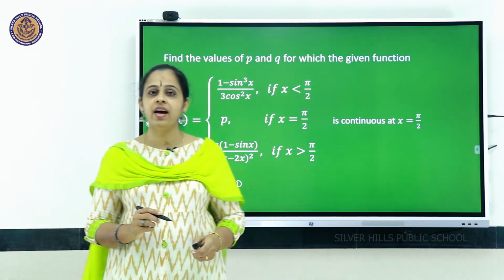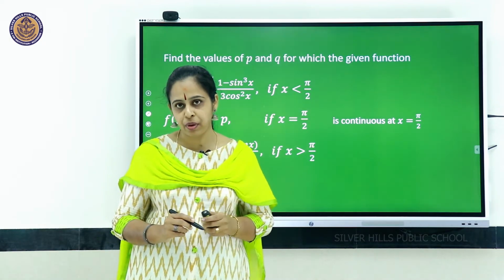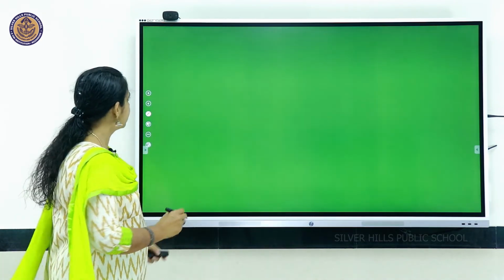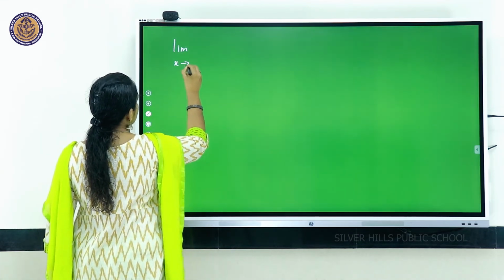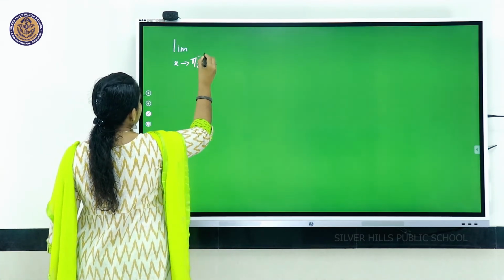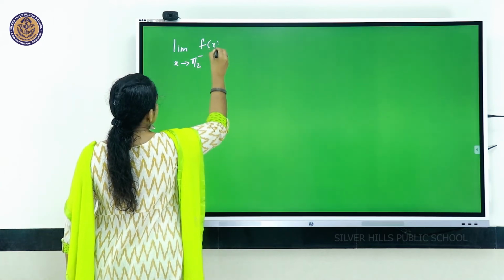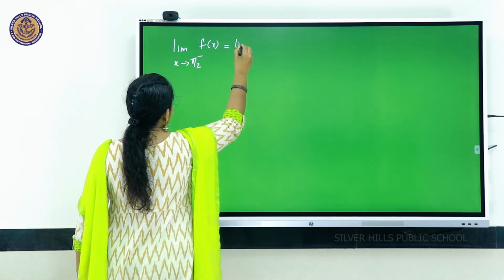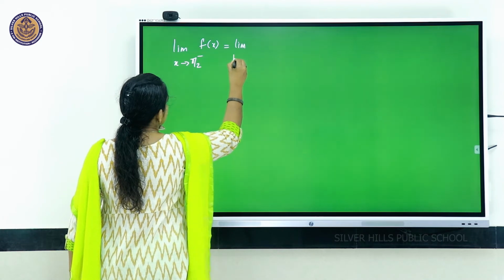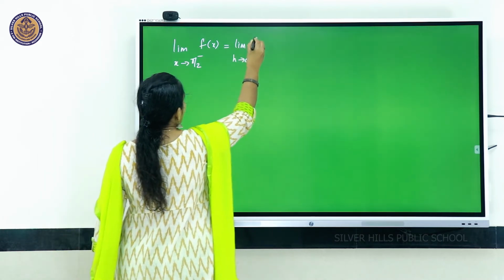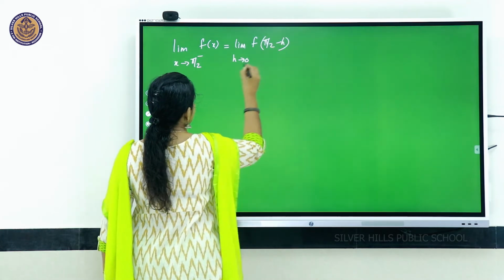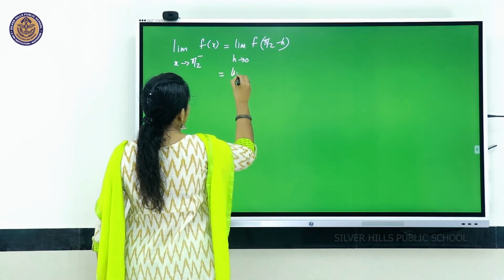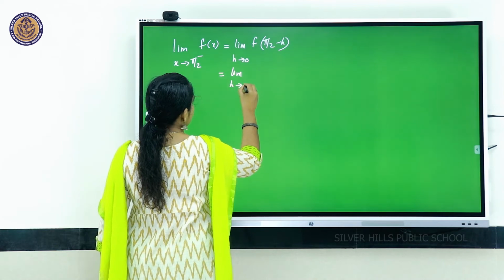Now, let us take the left hand limit at pi by 2. Limit x tending to pi by 2 minus f of x equal to limit h tending to 0, f of pi by 2 minus h, equal to limit h tending to 0.